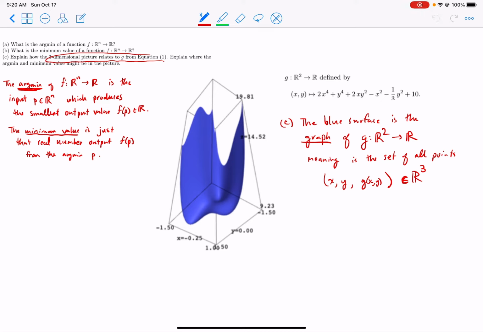It's the graph. Now explain where the argmin and minimum value might be in the picture. So it looks like maybe here or here or here are the lowest point on that surface. Here the height is going up that way, and here's the xy plane sort of below.